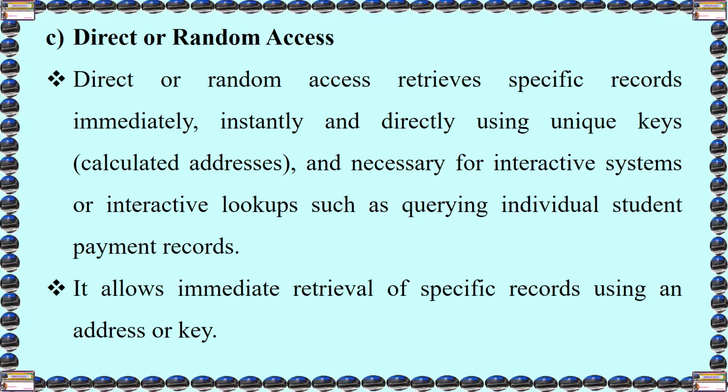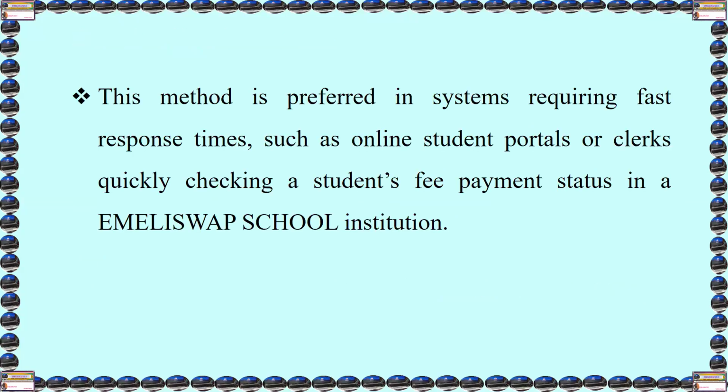It allows immediate retrieval of specific records using an address or key. This method is preferred in systems requiring fast response times, such as online student portals or clerks quickly checking a student's fee payment status in, for example, a school institution.